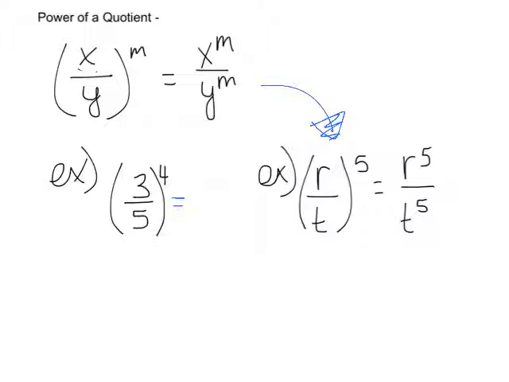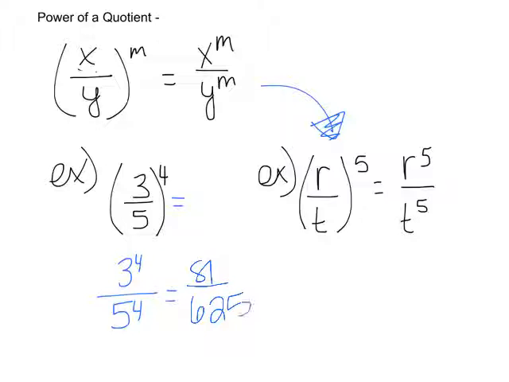So for our first example here, we would get 3 to the 4th over 5 to the 4th. And then we can simplify that and actually solve it all the way out. So 3 to the 4th power is 81, and 5 to the 4th power is 625. And this actually can't be simplified anymore, so my answer is solved.